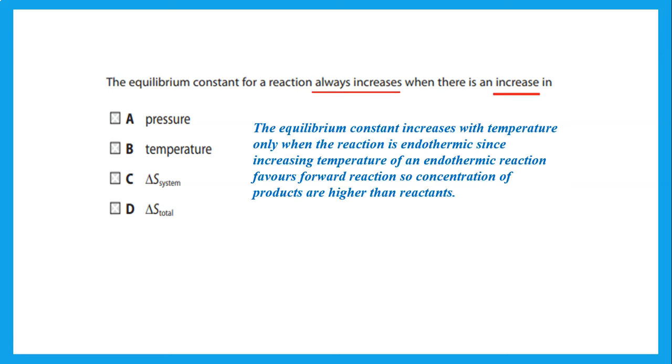Remember, the equilibrium constant increases with temperature only, when the reaction is endo, since increasing the temperature of an endothermic reaction favors forward, so the concentration of products are higher than reactants. When we're talking about we want something that will always increase, that is the delta S total.